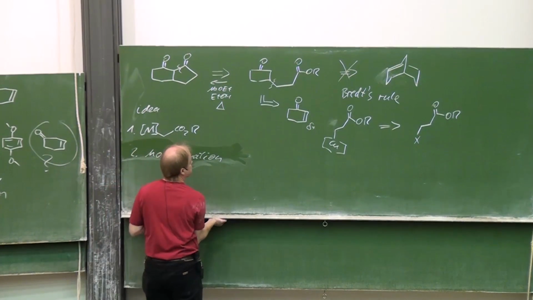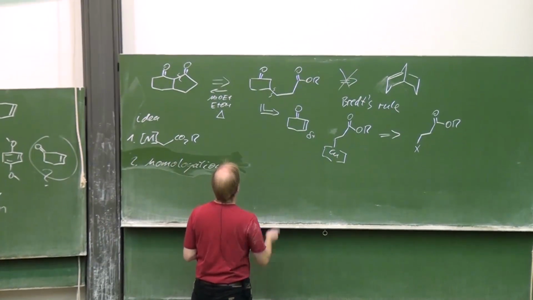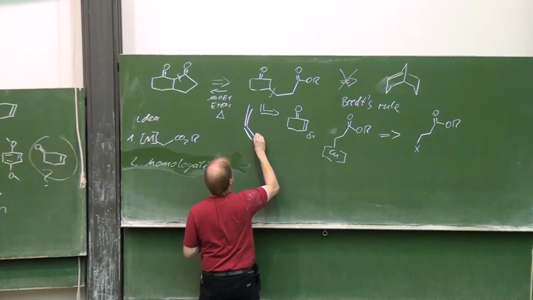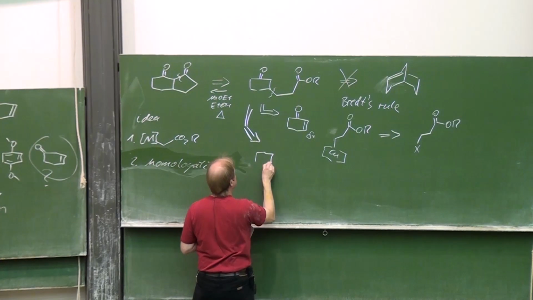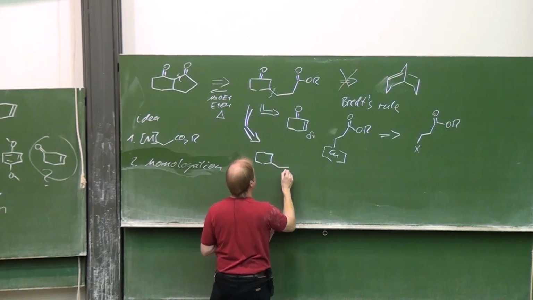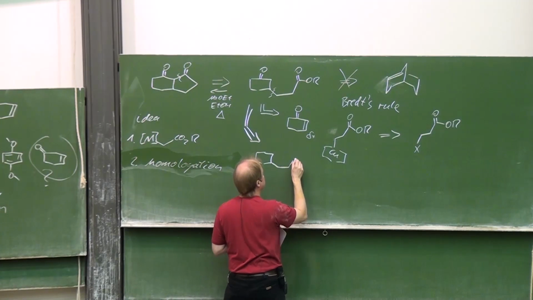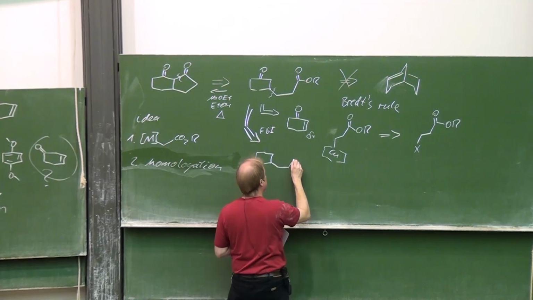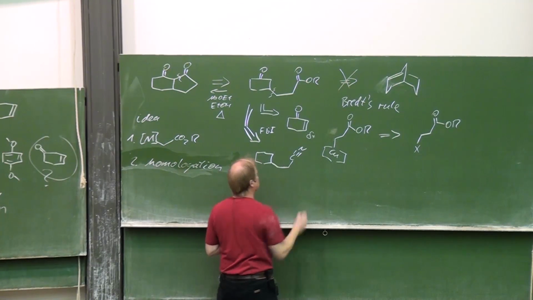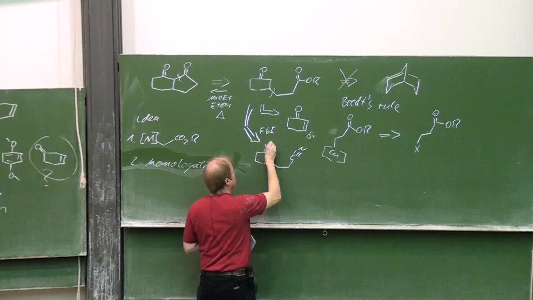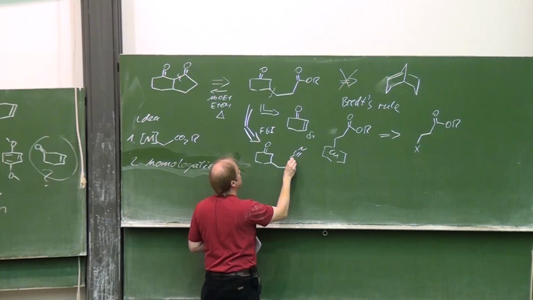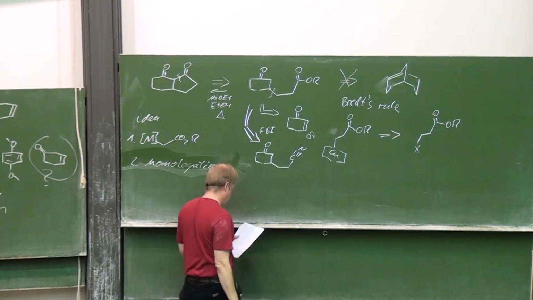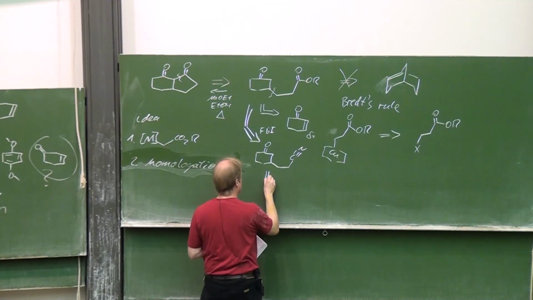So, let's see. Retrosynthetic analysis with this idea in mind could be this. Let's change here to a cyano group. We still have the same oxidation state here as there in the ester functionality.